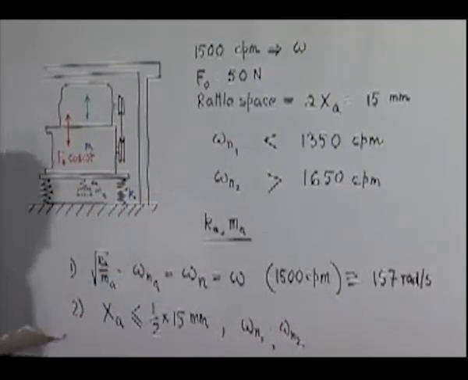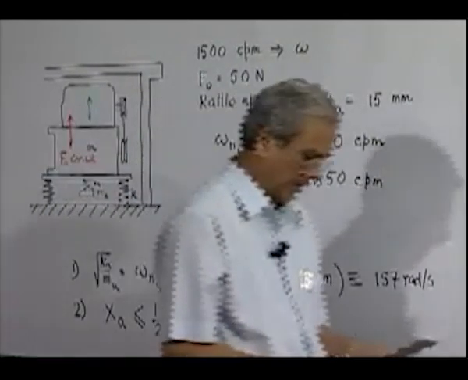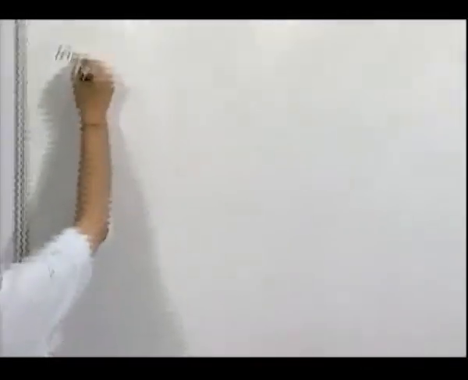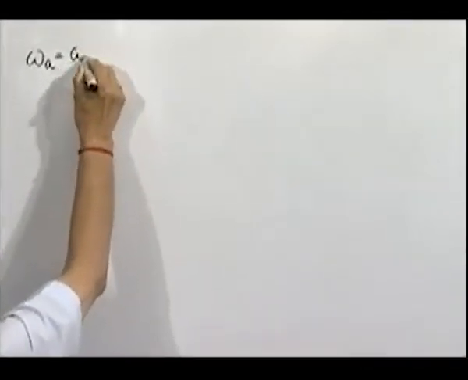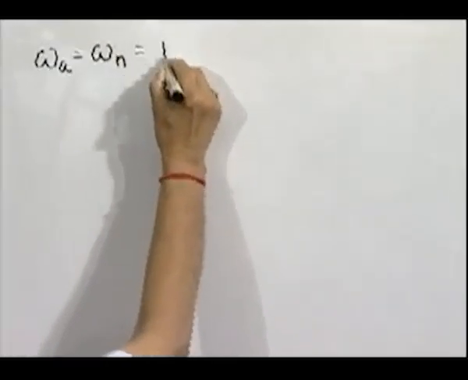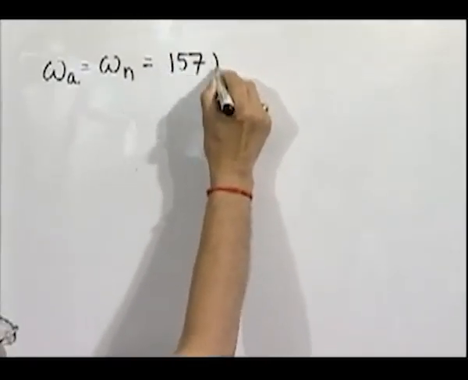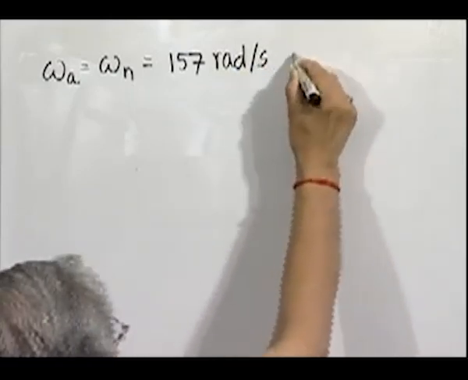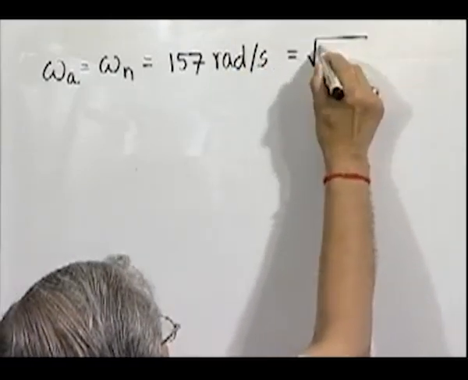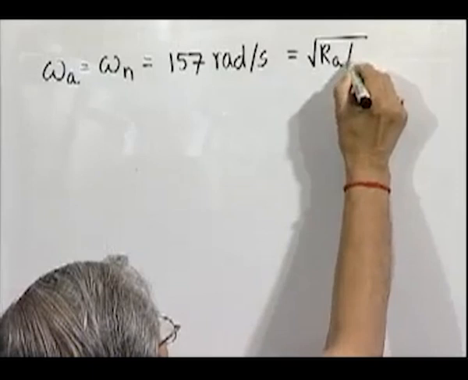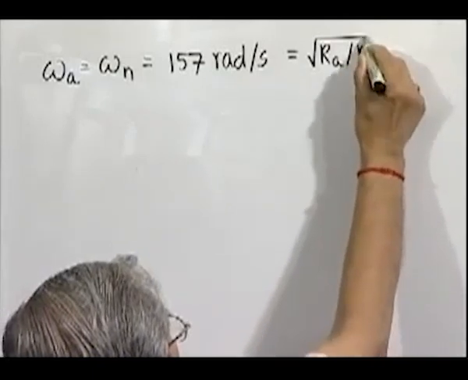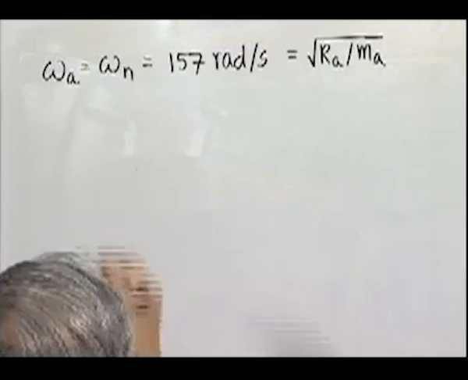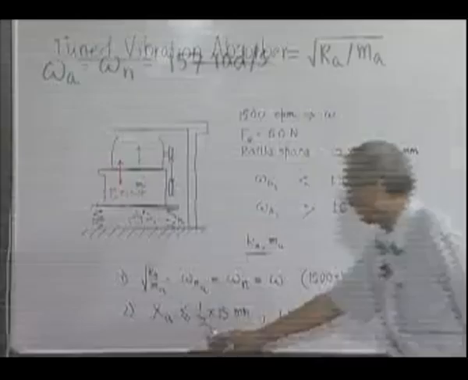So, how do you proceed? The first thing will be, we know that omega A is equal to omega n equal to 157 radian per second, which is same as square root of Ka by Ma, where omega is actually omega na.